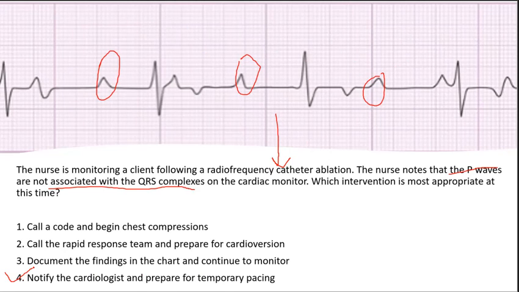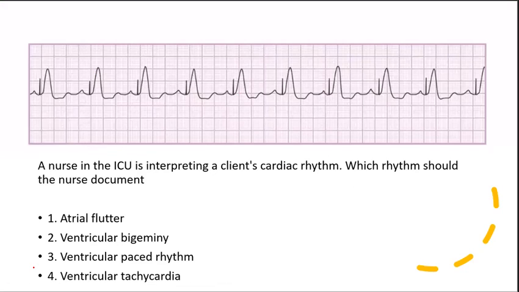If the patient is unstable with tachycardia, we need to carry out synchronized cardioversion. If the patient has a heart block, we'll need to carry out pacing. Our first line management would be to give atropine, but the electrical management would be to carry out pacing. So for this patient, we need to notify the cardiologist and prepare for pacing.